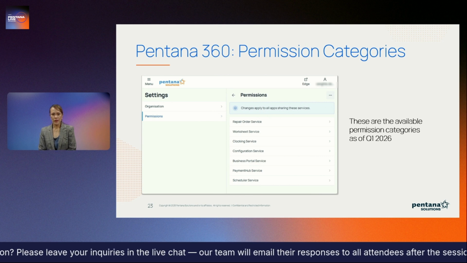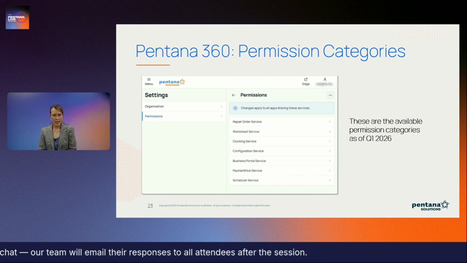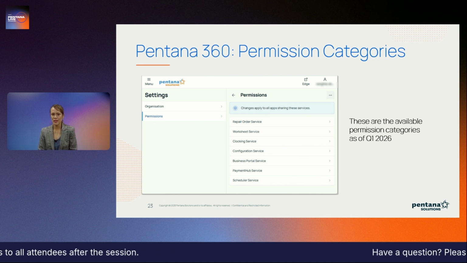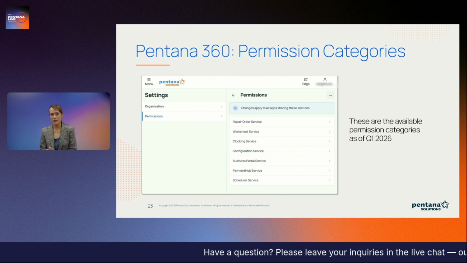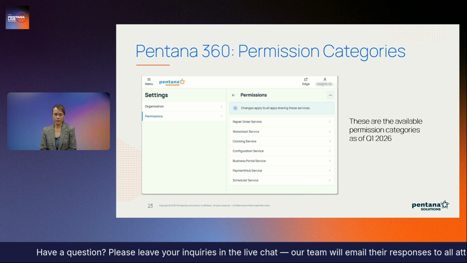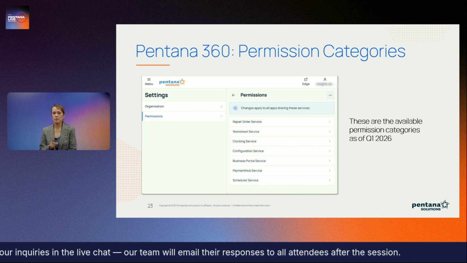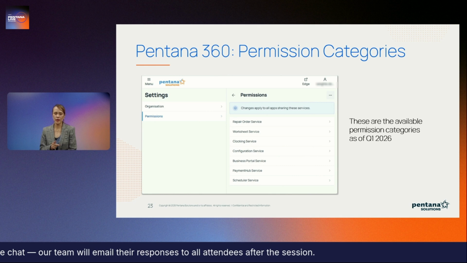This slide shows the underlying permission categories that sit beneath the profiles. Each permission category represents a specific area of functionality, for example, access to certain modules, data, or actions. Profiles are built by grouping these together. For more advanced admins, you can see exactly which permission categories are included in a profile.